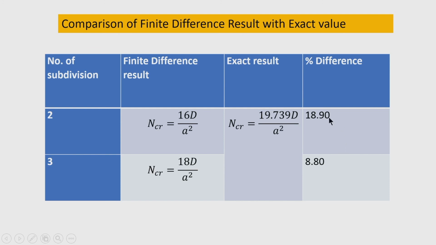So, the percentage difference, or percentage error you can call, is 18.9. When we increase the divisions, the critical load is 18 D by a square, but the exact value of the critical load is 19.739 D by a square, and here the percentage difference is 8.8. So, that means by increasing the number of divisions the accuracy is improved.